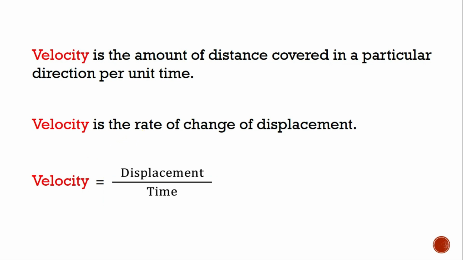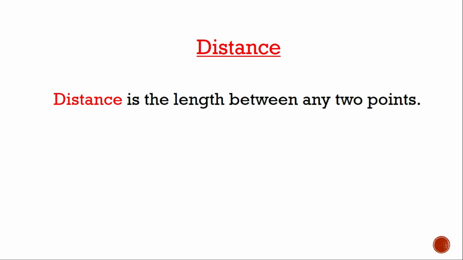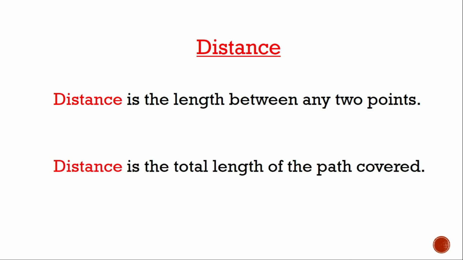So now if we compare this formula with the formula of speed, we can see that here the difference is just of displacement and distance. So let's understand these topics first. As we already know, that distance is the length between any two given points, or in the case of conveying speed, we can also define distance as the total length of the path covered while we were in motion.